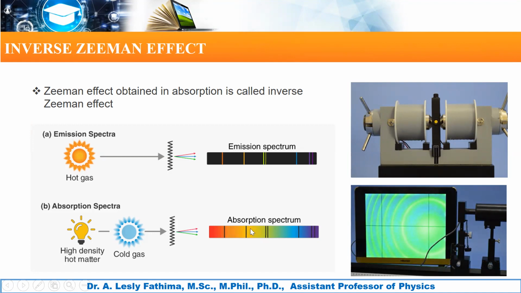So here the bands are dark black, whereas in the emission spectra you get the colors. This is the apparatus of the Zeeman effect, and in this we can see the Zeeman splitting of spectra.